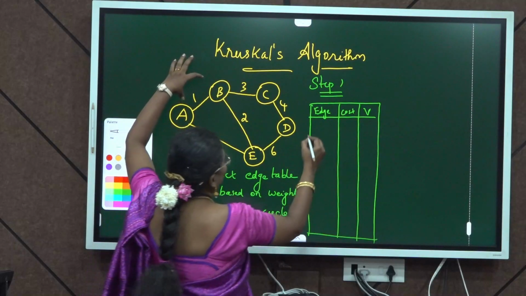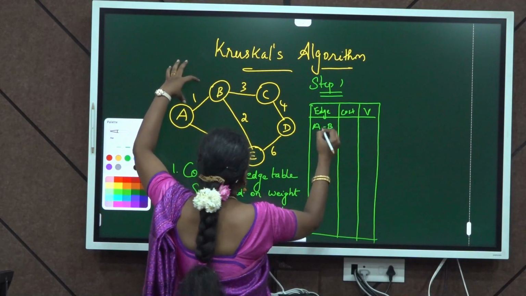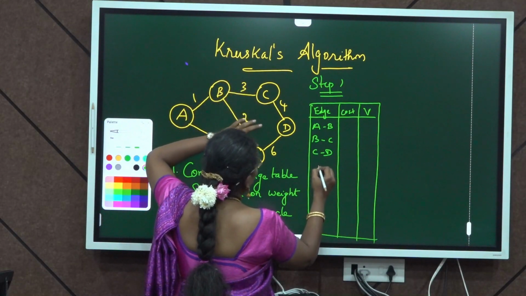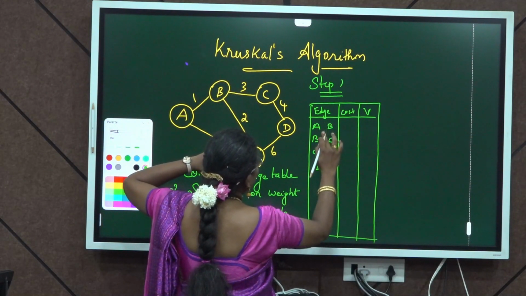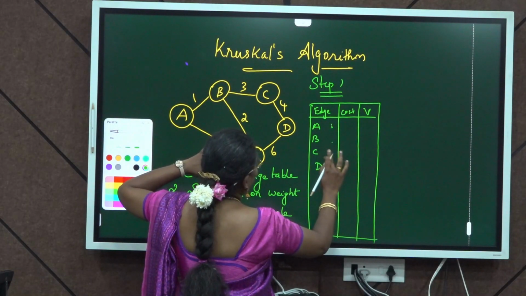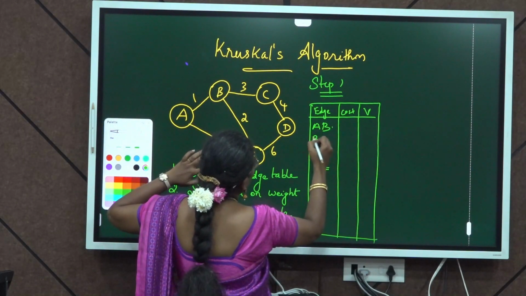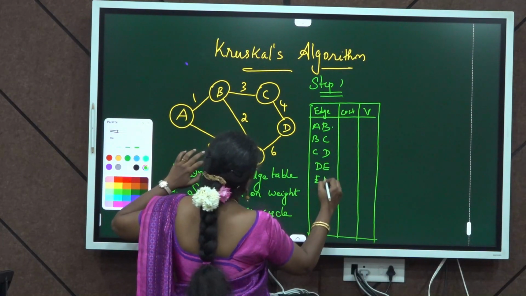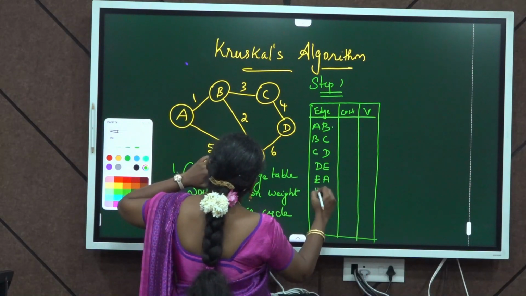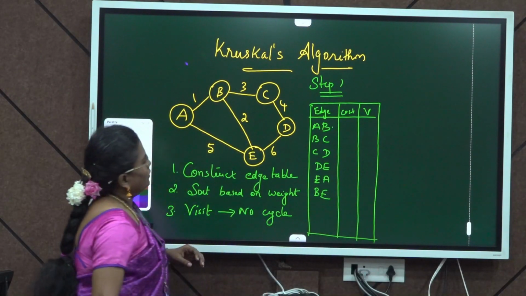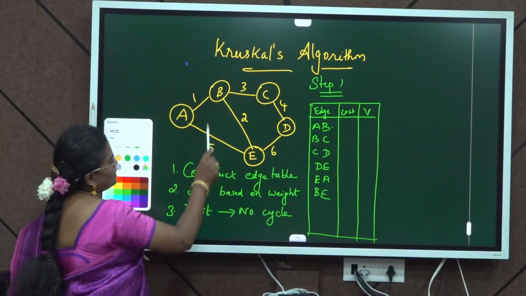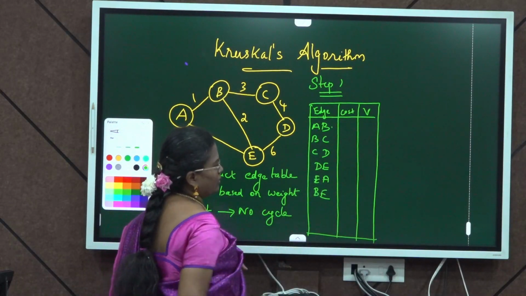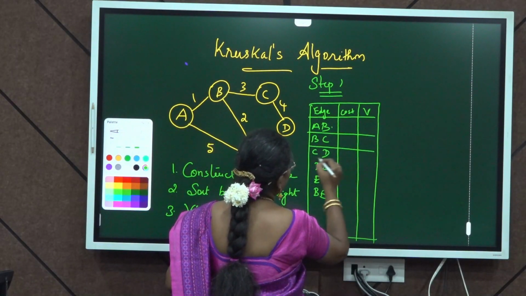So here I have the edges A to B, B to C, C to D, D, E, and then E, A, and then we have B, E. So I have listed all the edges. We can cross check. So 1, 2, 3, 4, 5, 6. So I have 6 edges and I have 6 entries over here, right. So now let me put the cost of all these things.